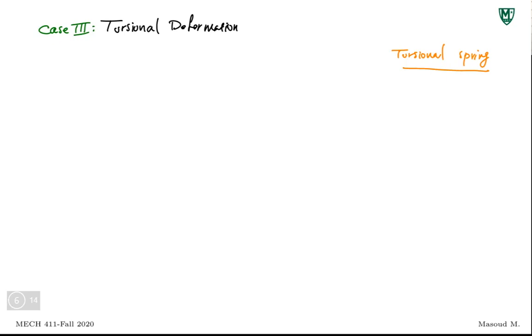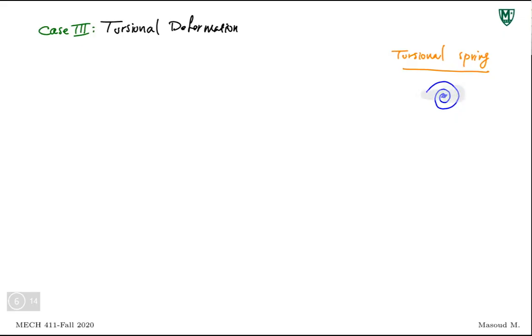Now, a very good example of a torsional spring would be the springs you see in old-fashioned watches or clocks. If you look at the inside system, you will see some springs like this. I'll try to draw it, something like this. It could be attached at the end somewhere.